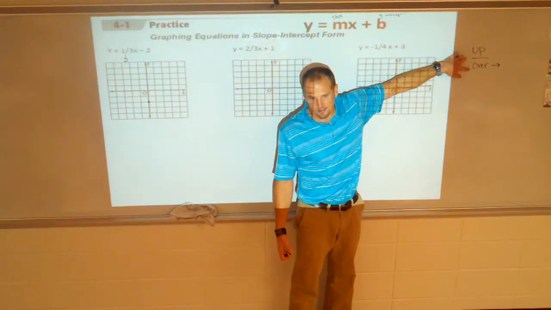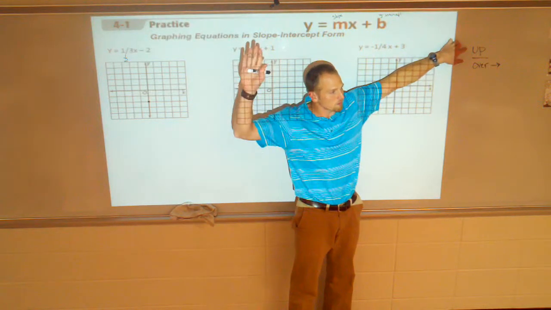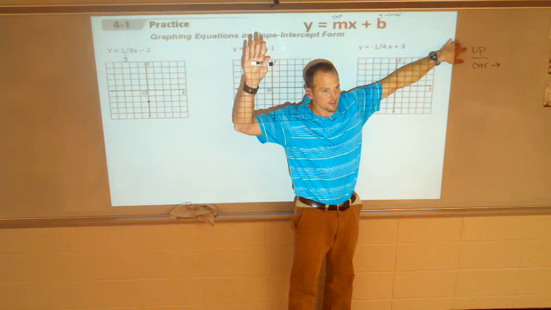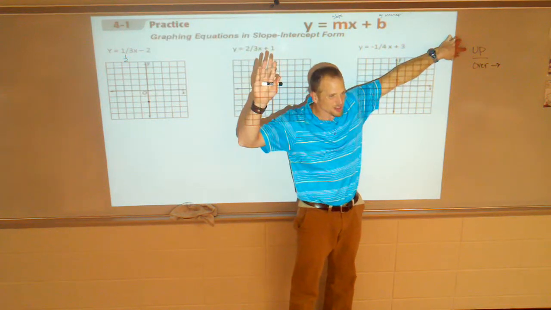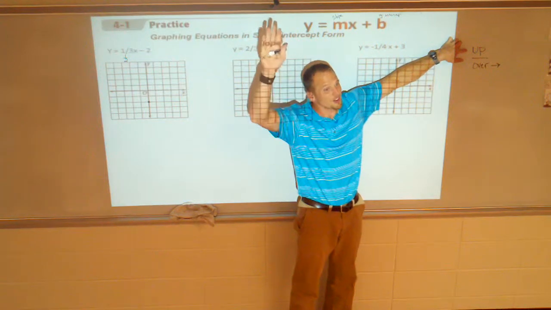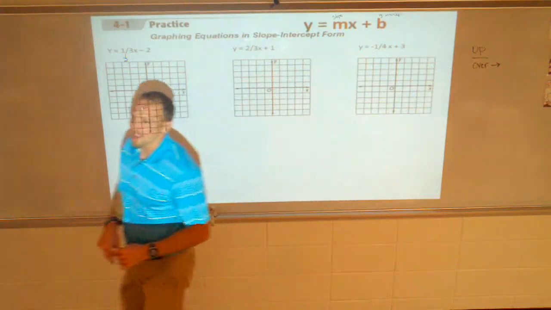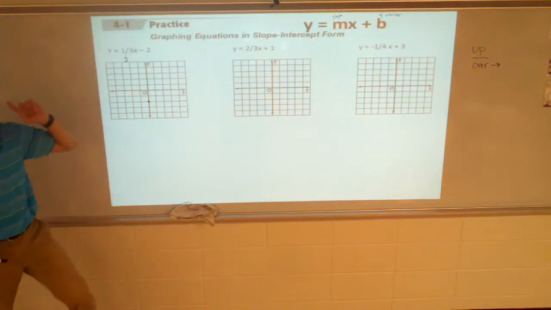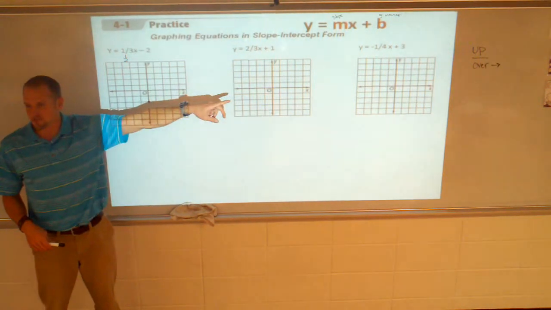Raise your hand if you think you could define up for me. Raise your hand if you think you could define over. Haley, you don't think you could define up? Yeah, you could. So up means up and over means over. Over is always going to the right, just like you read.